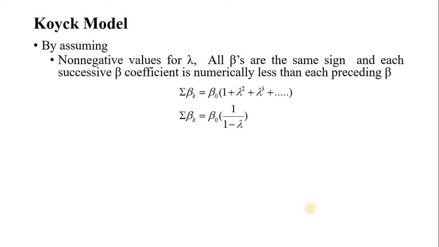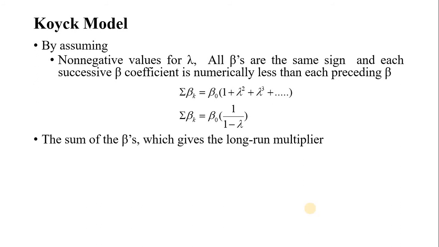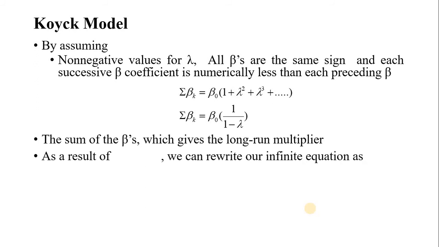This is basically the sum of the geometric progression of an infinite series. So this value will give you the long run multiplier. As a result, we can rewrite our infinite equation as yt is equal to alpha plus beta 0 xt plus beta 0 lambda xt minus 1 plus beta 0 lambda square xt minus 2 up to the last value plus ut.